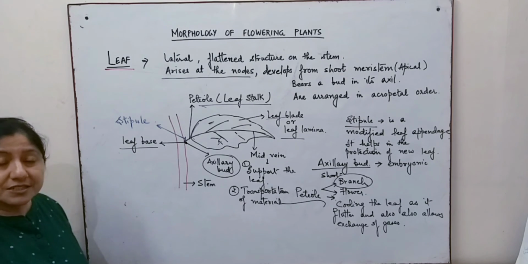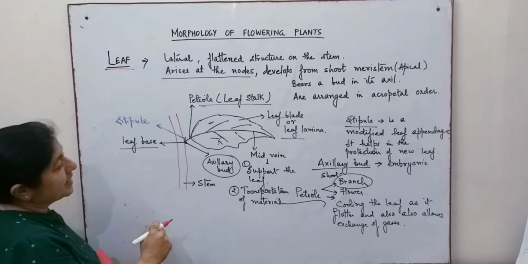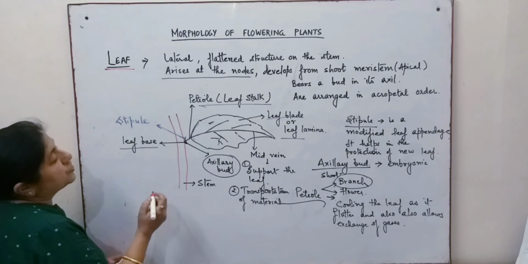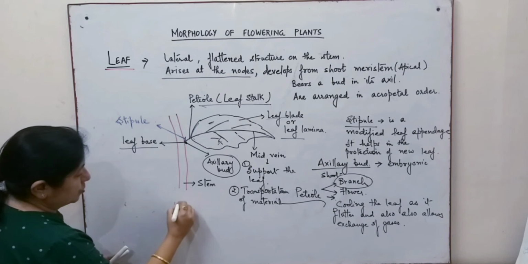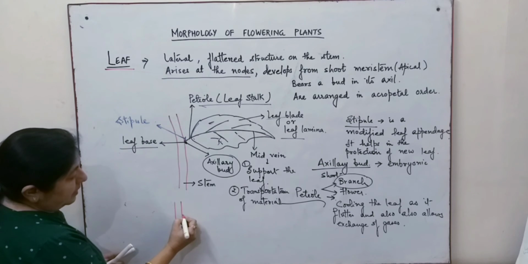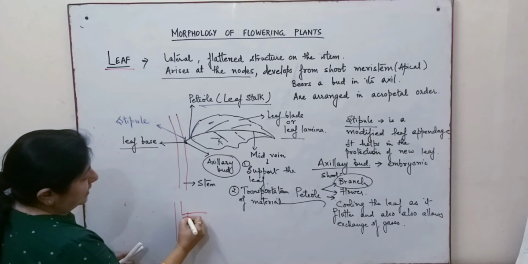Now, in certain plants, we find the leaf has an additional structure which is known as pulvinus. So here, if we draw the structure, the pulvinus is a slightly swollen portion towards the leaf base and then it extends.